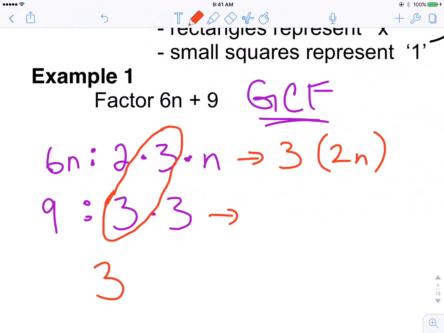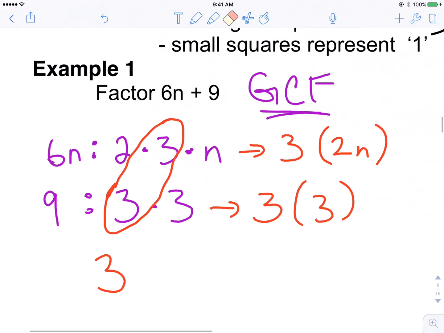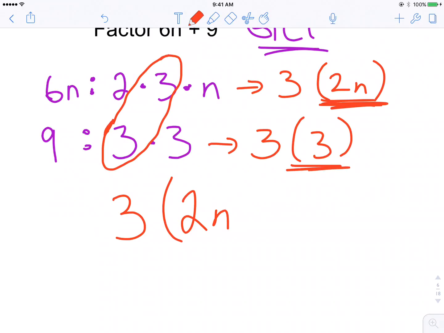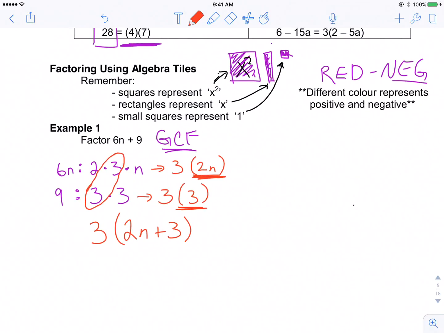If I factor out a 3 from 3 times 3, I'm left with 3. Now how can I write this? 3 is my greatest common factor. What am I left with? I'm left with 2n plus 3. And that's factored using greatest common factors and prime factorization.